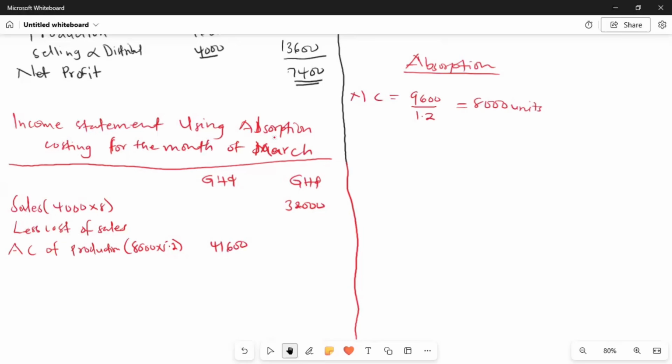Then we check. We produced 8,000, but we were able to sell only 4,000. So it means we have a closing inventory of 4,000 units. So 4,000 by 5.2 will give us 20,800.